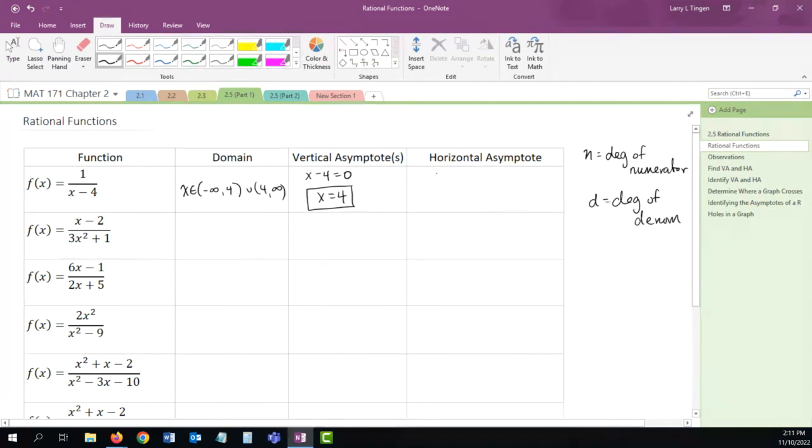So in this first problem, the numerator has a degree of 0. The highest power of x, there isn't one, so that's degree 0. The denominator's highest degree of x is 1, right? So when n is less than d, I get a horizontal asymptote at y equals 0.